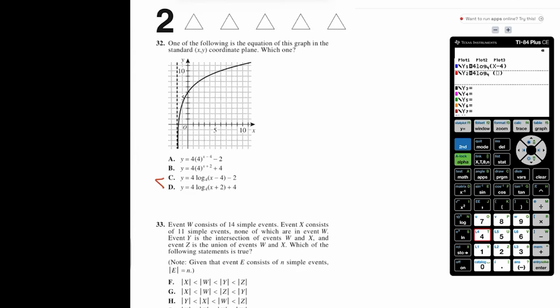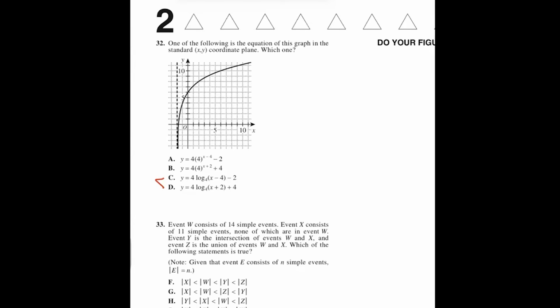So we go 4 log change base, 4, and then we'll go x plus 2 plus 4. And then let's go ahead and graph it. And from there, you will be able to see that just by matching graphs, D is going to be your correct answer.